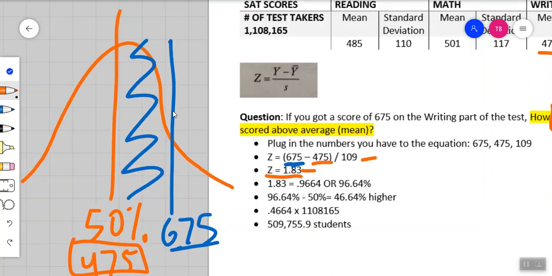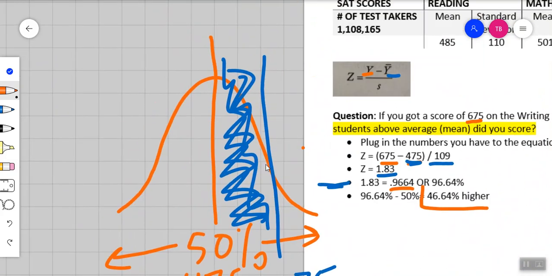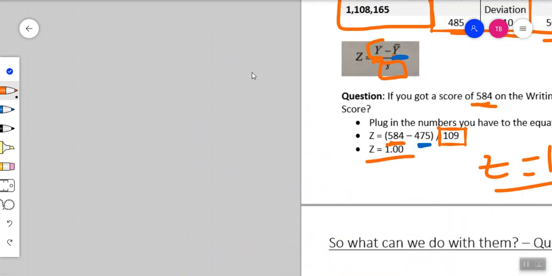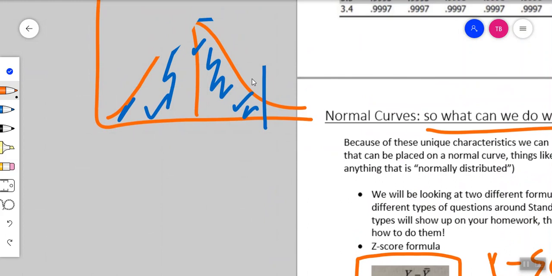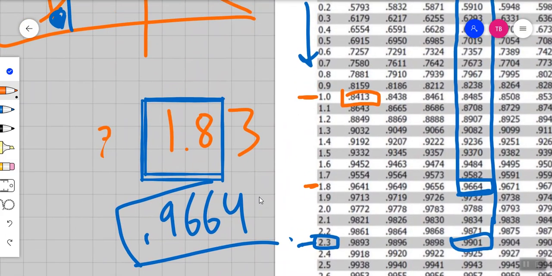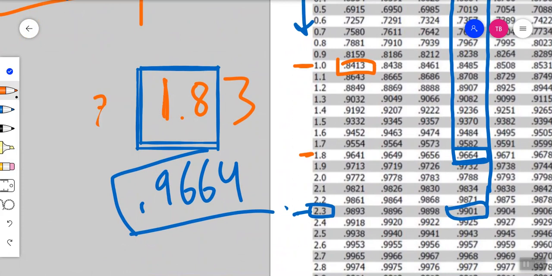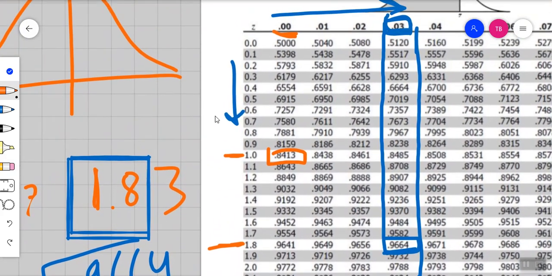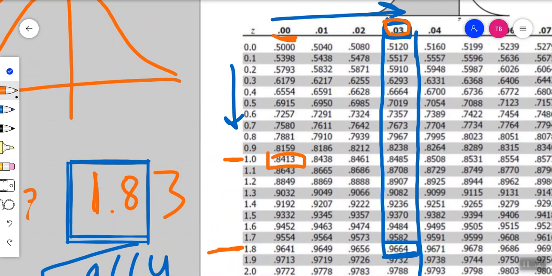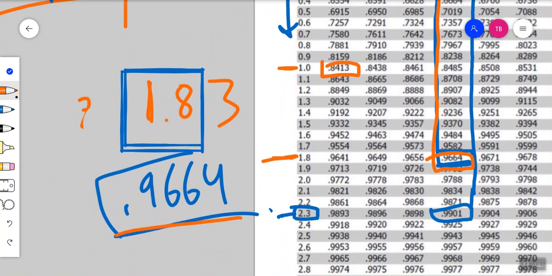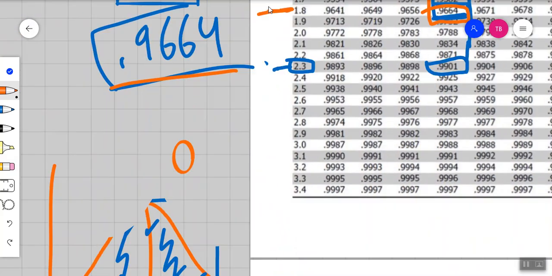So z-score of 1.83, you look this up again. I scroll down to the 1.8, and I want to see where it intersects with the 3 up here. Scroll down, and we see it's the 0.9664. So we're going to take the 0.9664 down to our question.